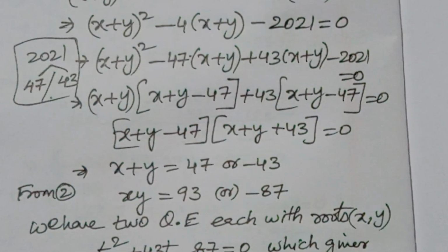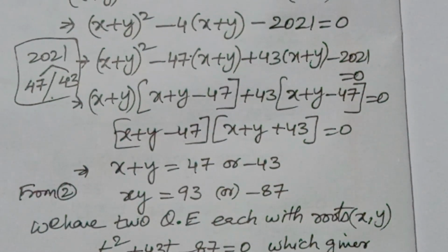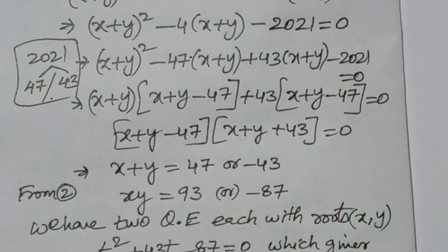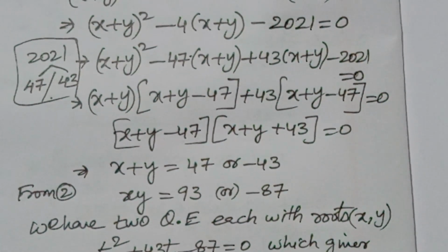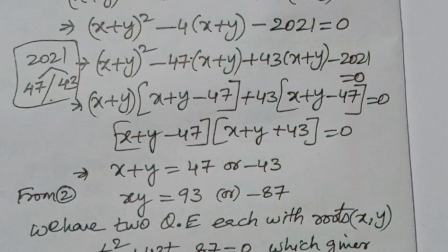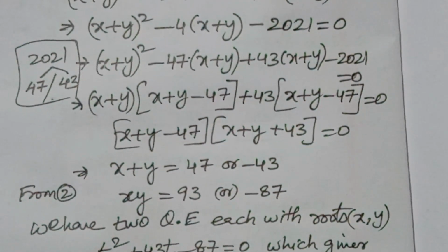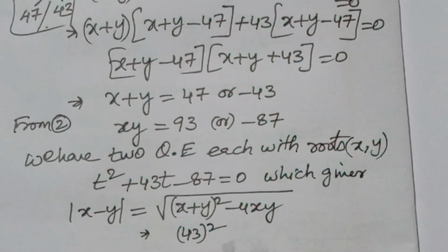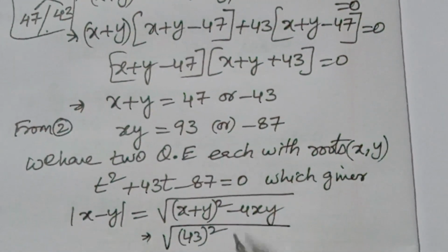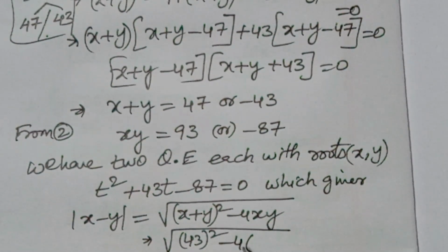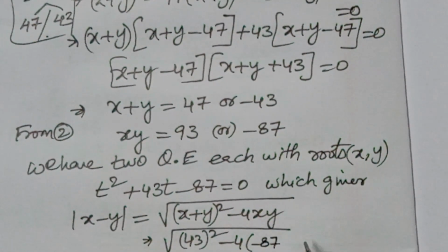|x minus y| is equal to the square root of (x plus y) whole squared minus 4xy. So here, 43 whole squared minus 4 into minus 87.